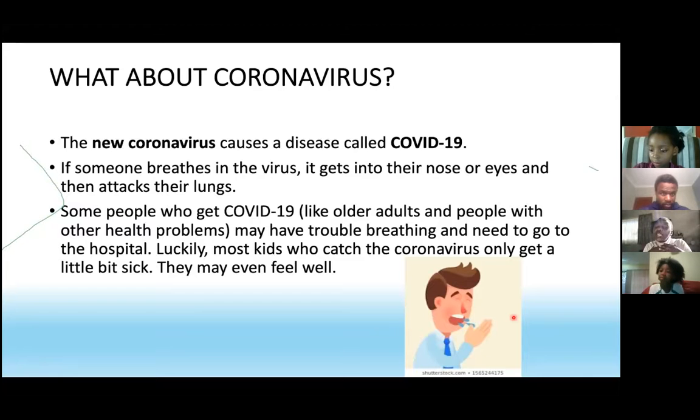Luckily for us small children, we have a stronger immune system that can fight off the virus. But that does not mean we can't give our old people the virus. There are very few children that get very sick from the virus. But for the old people, it's very dangerous.